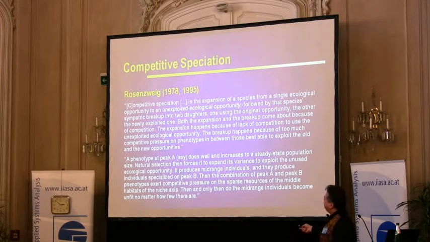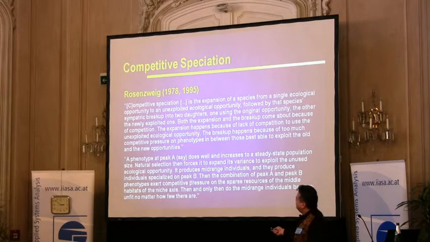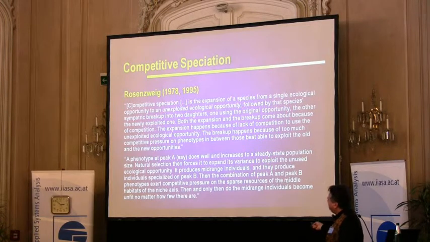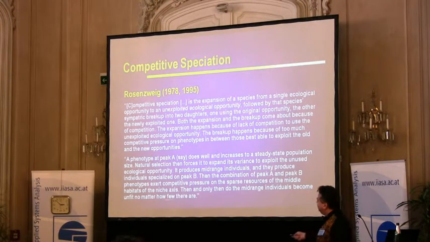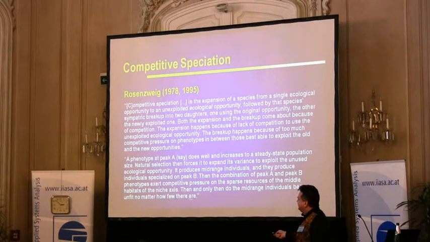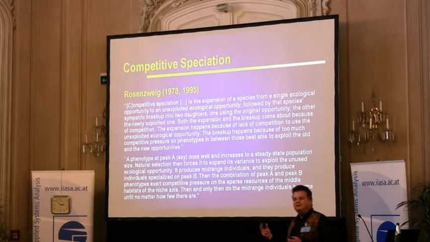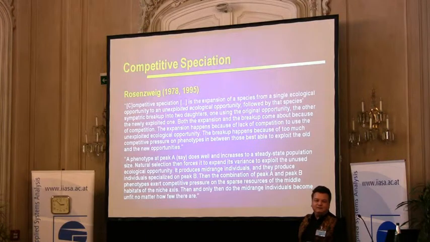It produces mid-range individuals in between the 2 peaks, and they produce individuals specialized on the second peak B. Then the combination of peak A and peak B phenotypes exert competitive pressure on the sparse resources of the middle habitats of the niche axis. Then and only then do the mid-range individuals become unfit, no matter how few they are. So it's a suppression of the mid-range individuals that's the core idea here, and that's exactly the same idea as evolutionary branching.